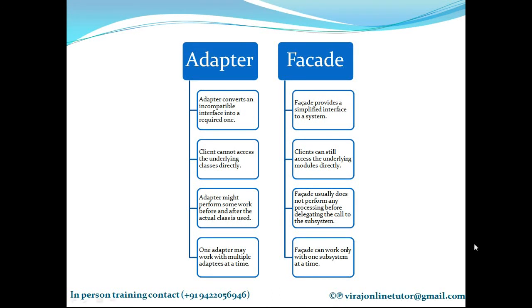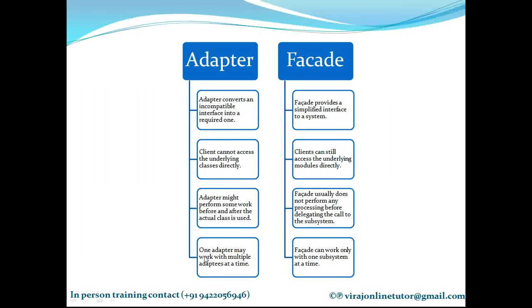And what about a facade? A facade usually does not perform any processing before delegating the call to the subsystem. Very important point. A facade usually does not perform any pre-processing before delegating the call to the subsystem.